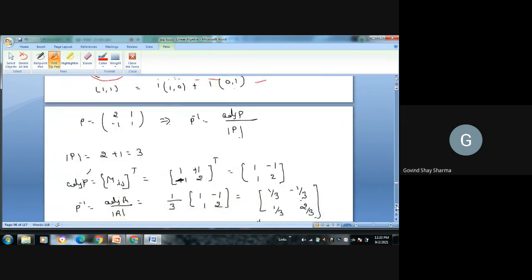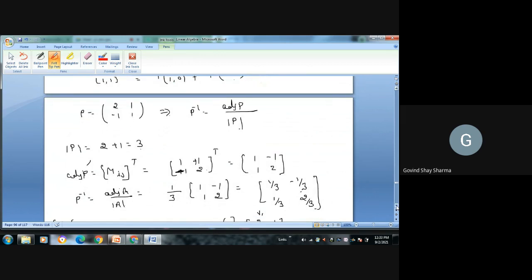Now here make P 2 1 minus 1 1, and P inverse is equal to adjoint P upon determinant of P. So we find determinant of P is equal to 3 and adjoint P is equal to transpose of coefficient matrix.